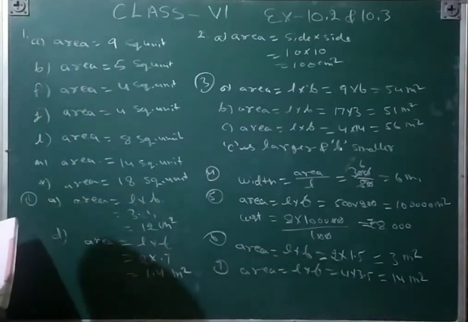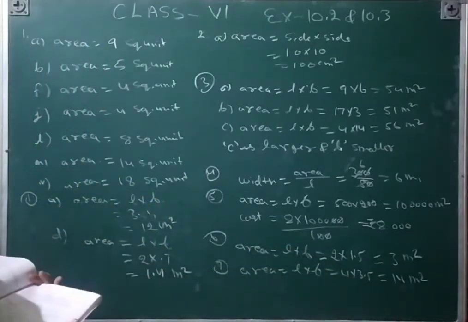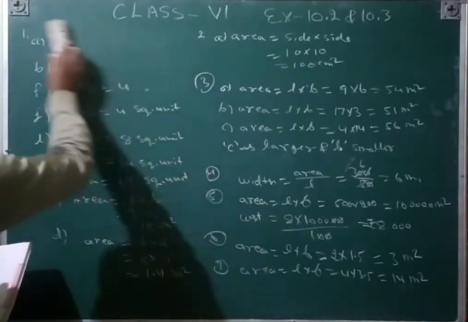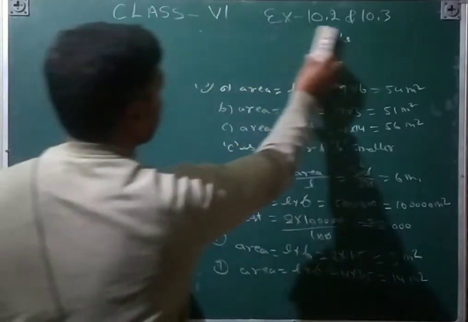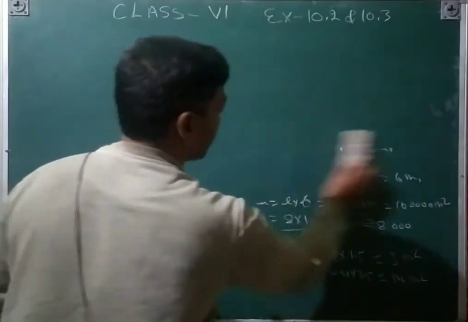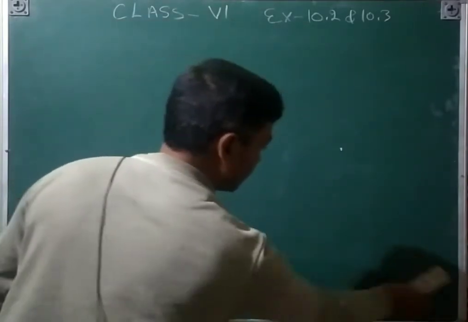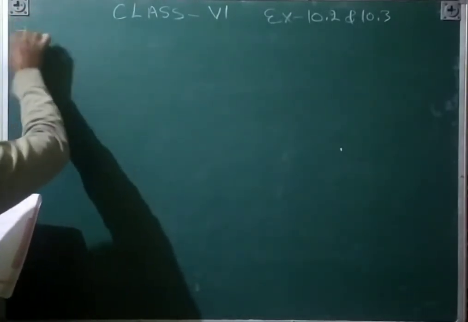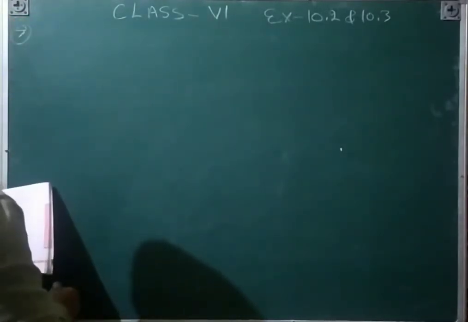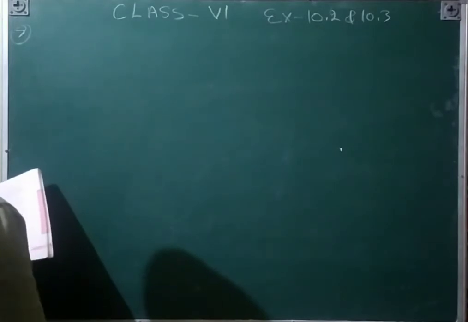And then question number 8, we will see here. Eighth question, a floor 5 meter long and this meter wide, a square carpet of this one.